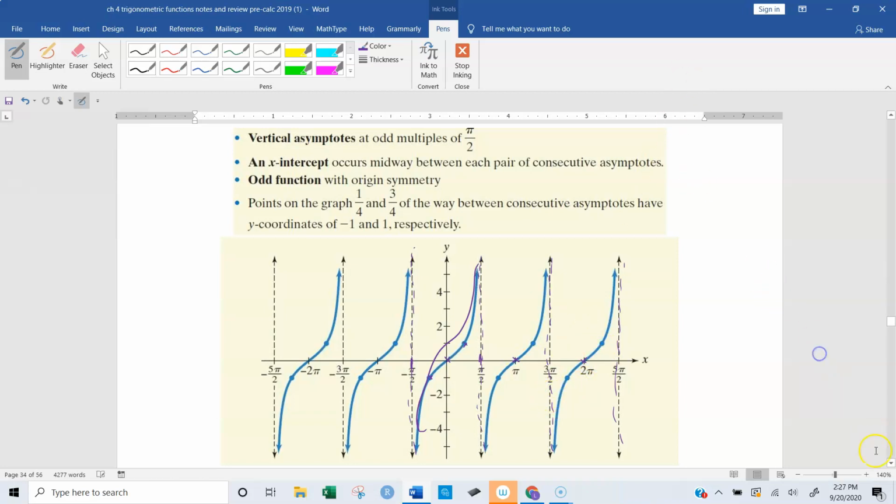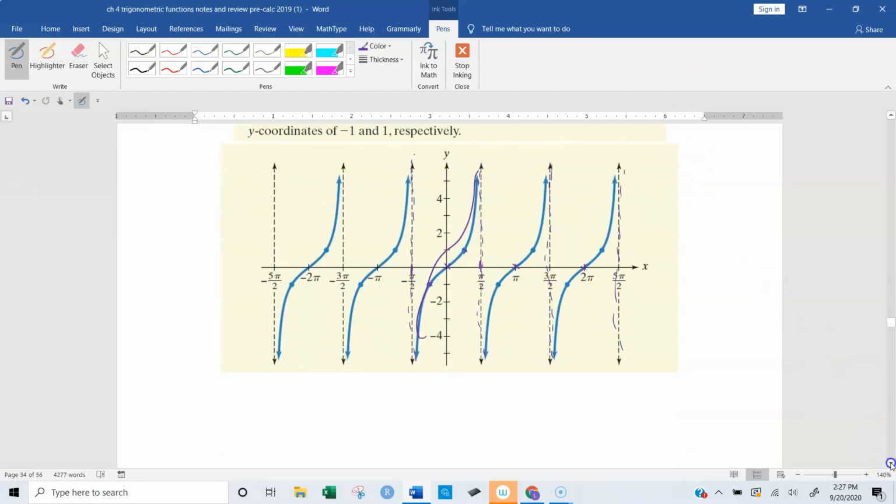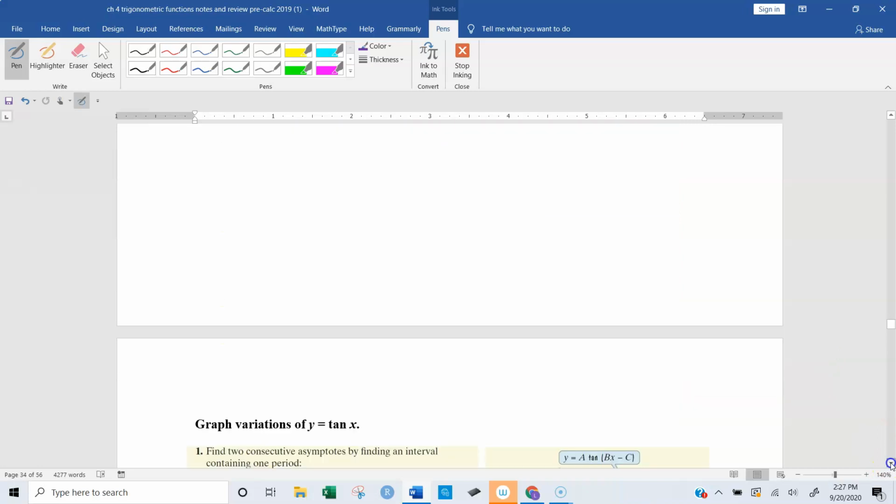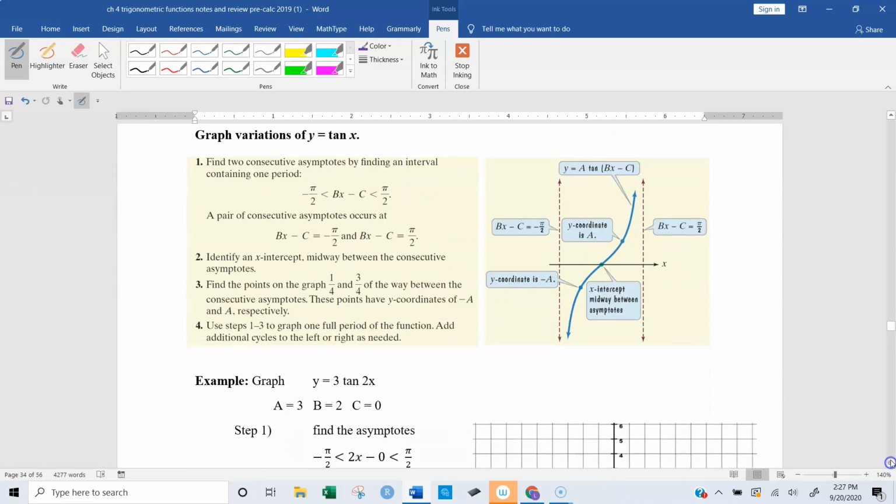So let's go. It works the same way as sine and cosine, except now that we don't have the 0 to work with, we do it a little differently. We take our inside term, our bx minus c, and we put it between the negative pi over 2 and the pi over 2 because those are our asymptotes.